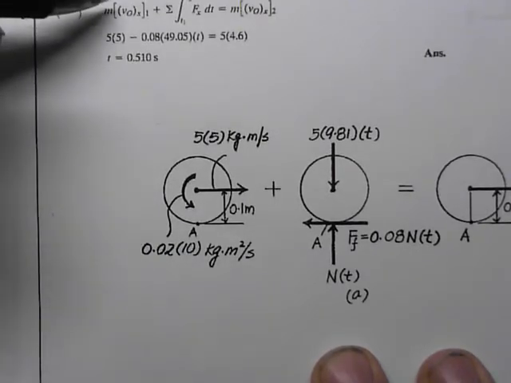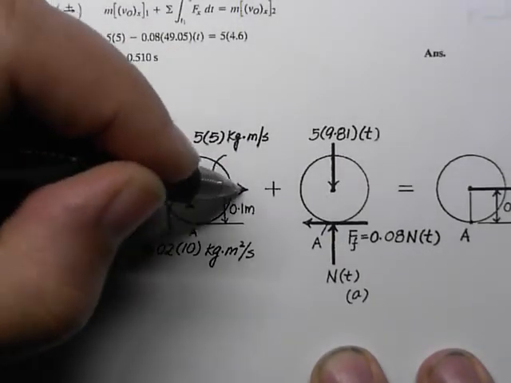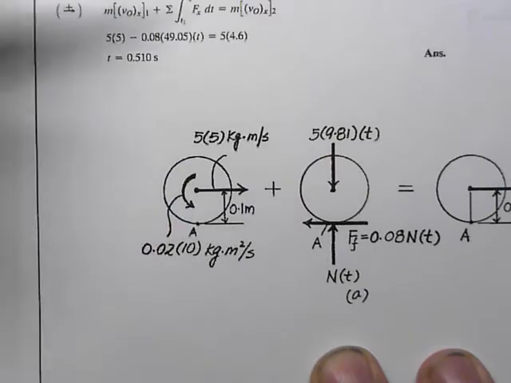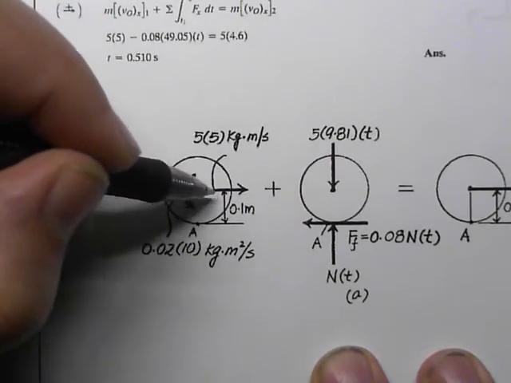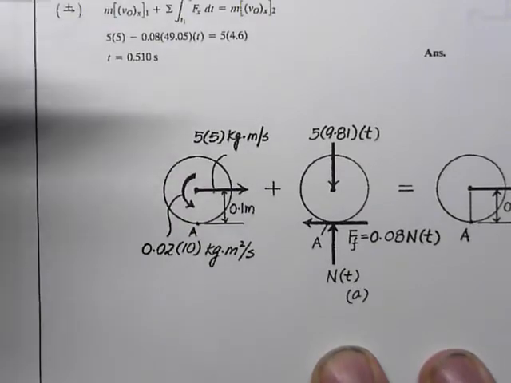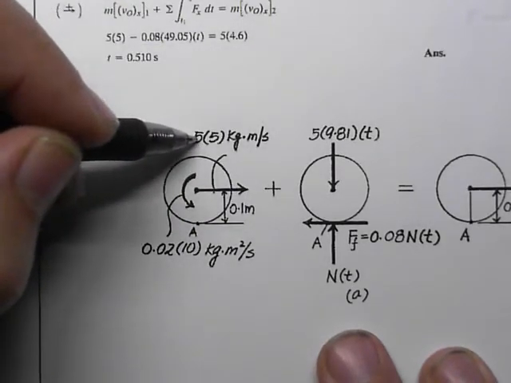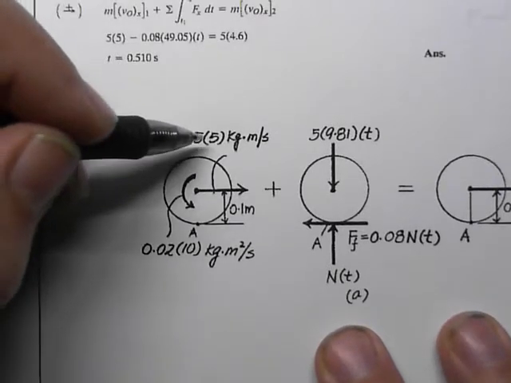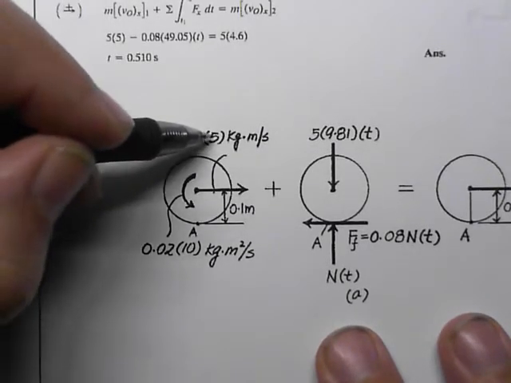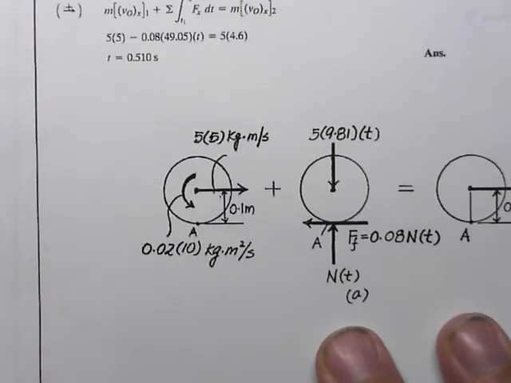we're going to have both our moment of inertia, I omega type term, but we're also going to have a moment of the mass times v, mv type term. So m is 5 and v was also 5, so mv is 5 acting through a moment arm of 0.1.